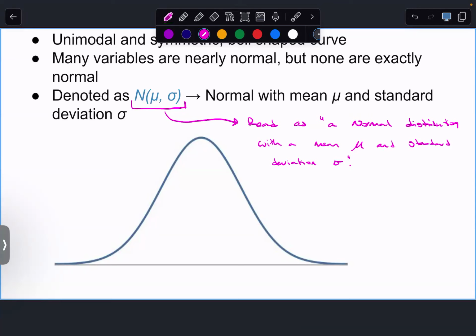Describing the entire distribution. Okay. So those are all the things that we need to know to describe a distribution. And in this case, it describes a normal distribution. We're going to introduce a couple more distributions, but the normal one is the one we're going to work with the most. So shape, center, spread, then you've described this entire distribution.